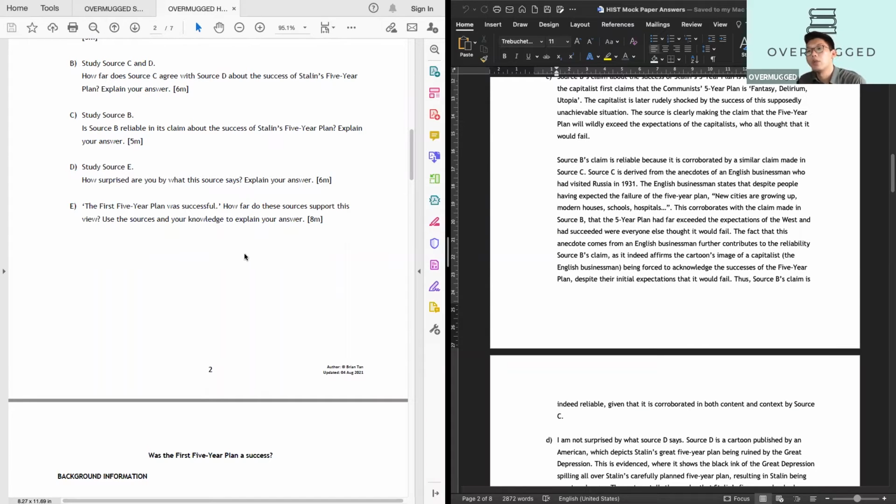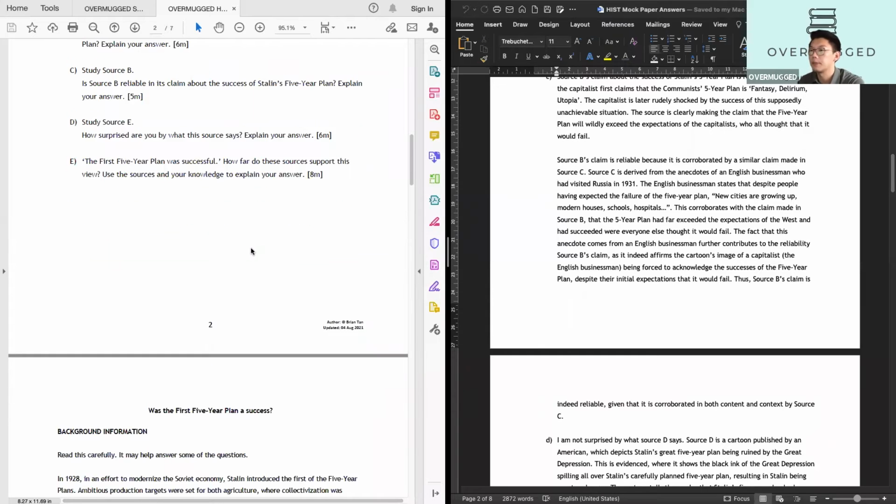And when you are explaining why you are or are not surprised, you have to bring in an evaluation of the provenance, a cross-reference, and so on. So basically, a surprise question is not very different from the approach to a reliability question. The only thing that is different is how you phrase it to suit your particular purpose.